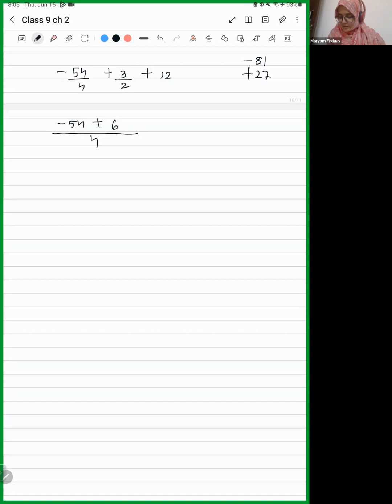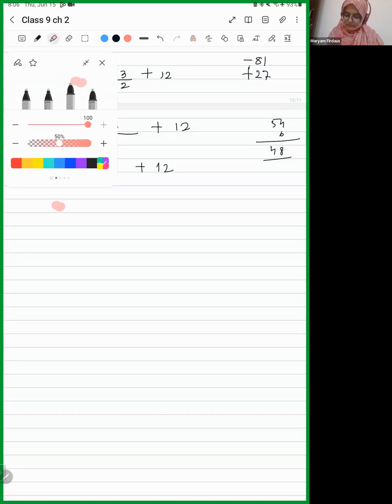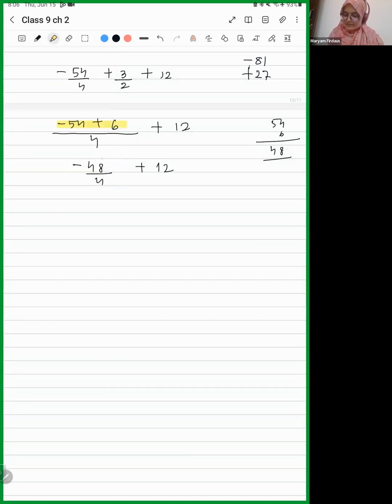Then here plus 12. So what is minus 54 plus 6? Minus 48 by 4. Yes or no? What is minus 54 plus 6? Minus 48.